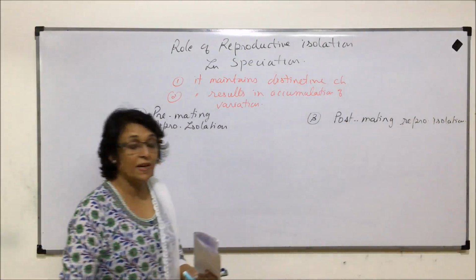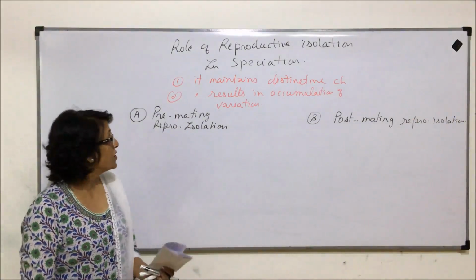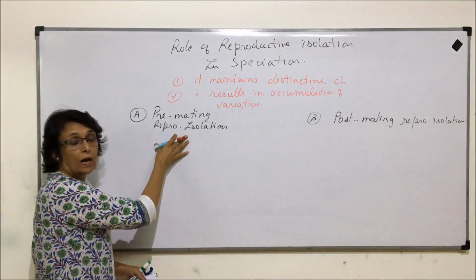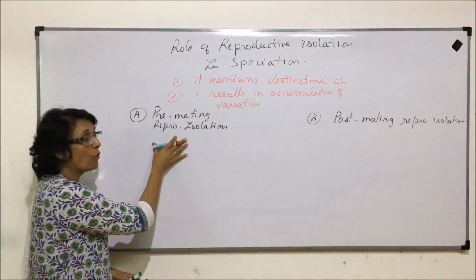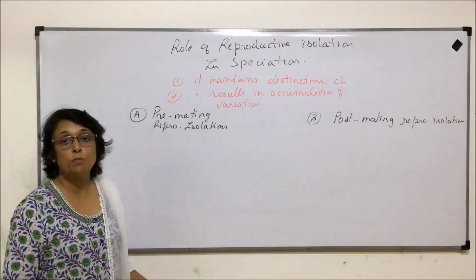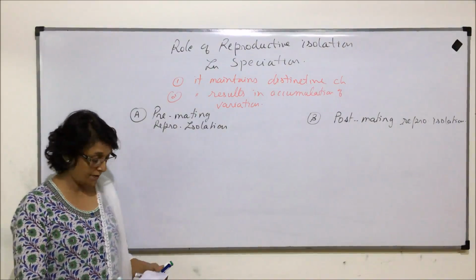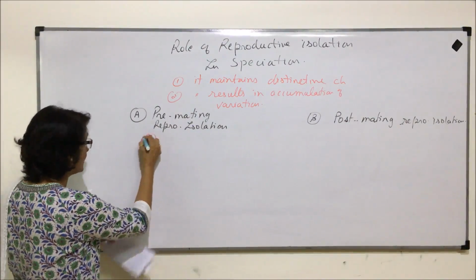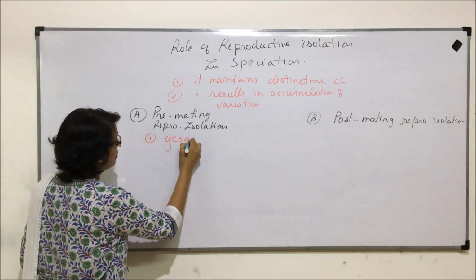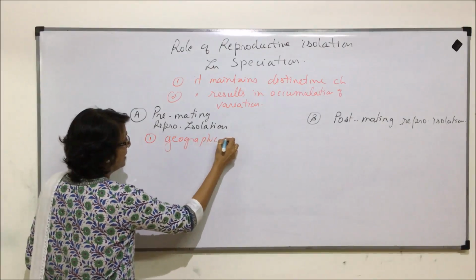That means what are those mechanisms which are applicable before the members of the same species are even able to reproduce or interbreed amongst themselves? The first one that we take in this category is geographical barriers.